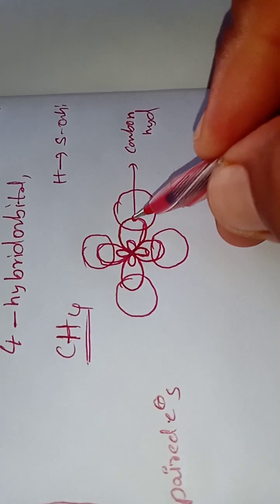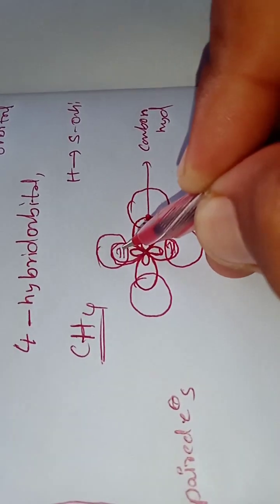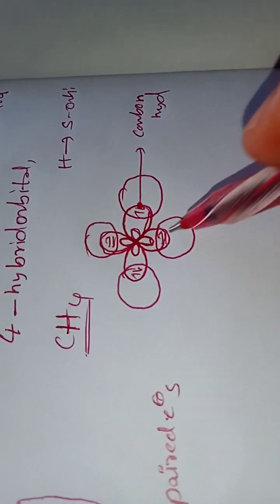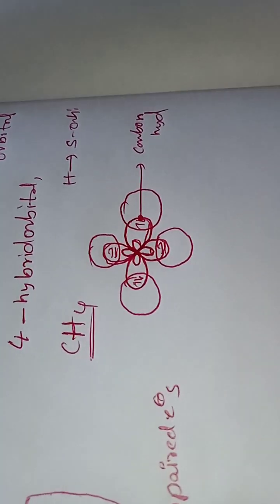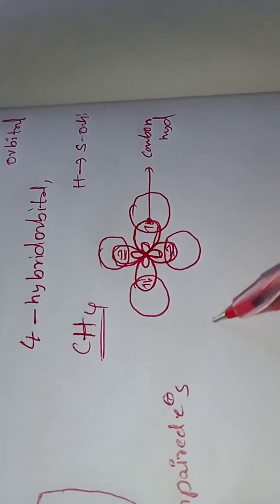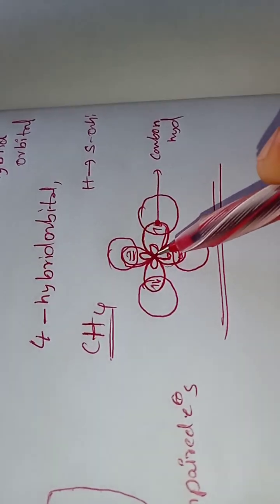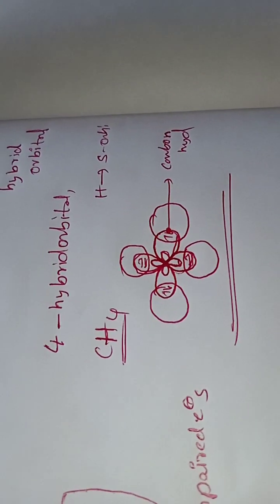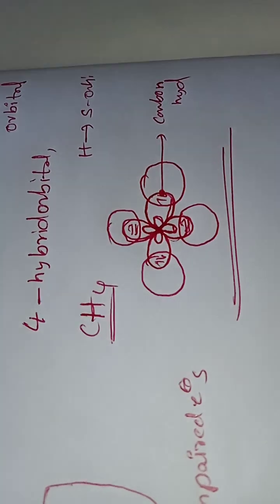Now these are the shared electrons with opposite spin. This is the hybridization of CH4, which has equal-energy orbitals produced by hybridization of the s and p orbitals at the excited state of the carbon.